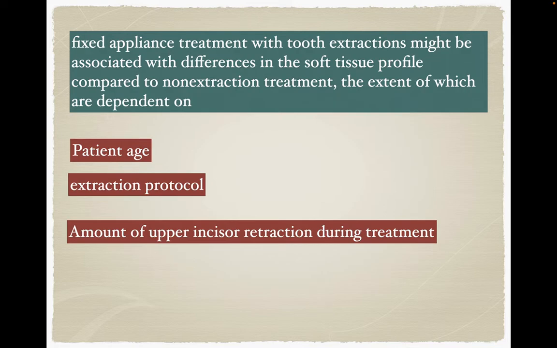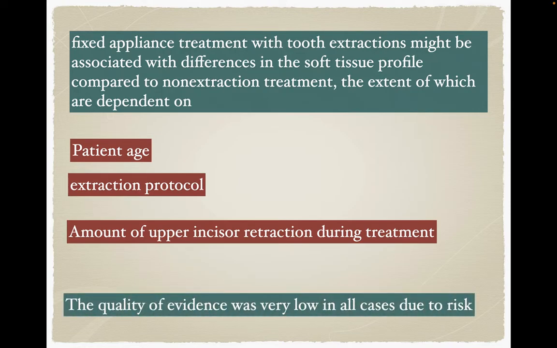So to summarize this paper, the maximum we get with the retraction is 2 millimeter in the mandible, 4 millimeter, that's a maximum, and there's a huge variation. The cause of the variation, or the predictor of this variation, could be patient's age, extraction protocol, amount of the retraction. The quality of evidence, however, for these studies is really weak.